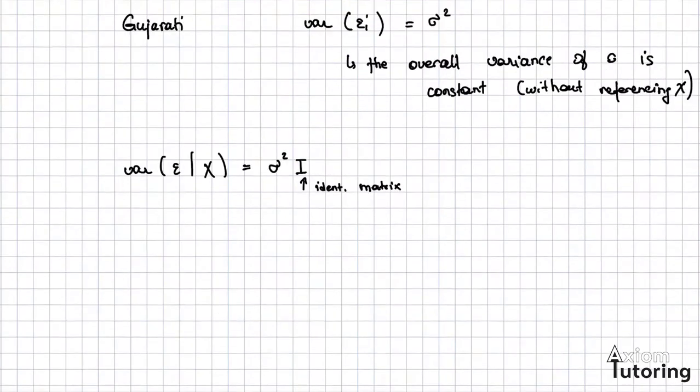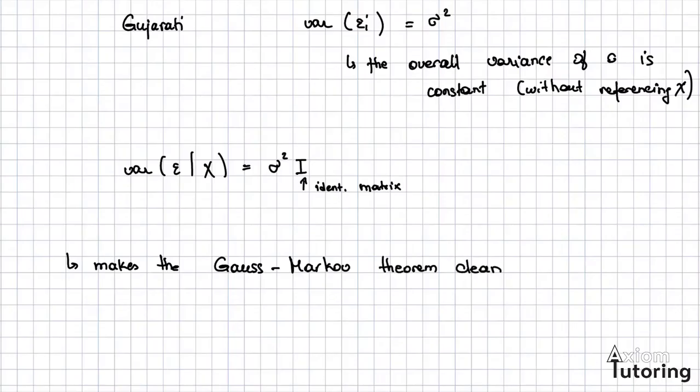So what makes this modern version of the conditional variance the most preferred option? It makes the Gauss-Markov theorem clean. We still haven't covered the Gauss-Markov theorem together, but it will become clearer once we get to that.